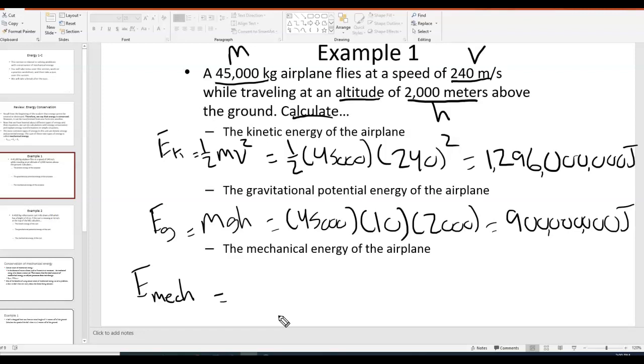If I did that correctly, I should get 1,386 and then six zeros joules. So that's roughly 1.4 billion joules. All I did was add those two numbers together. So again, mechanical energy is just the kinetic energy plus the potential energy. Pause there if you need to look at that. Let's do another quick example.